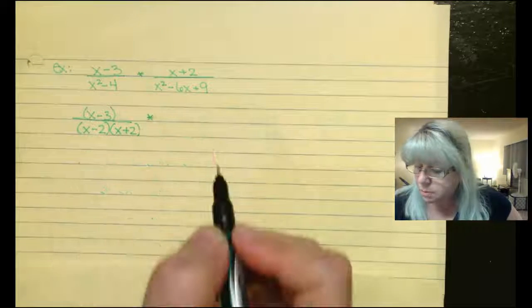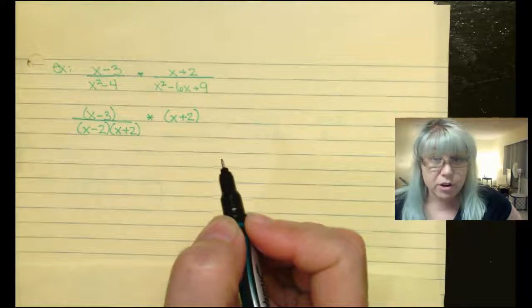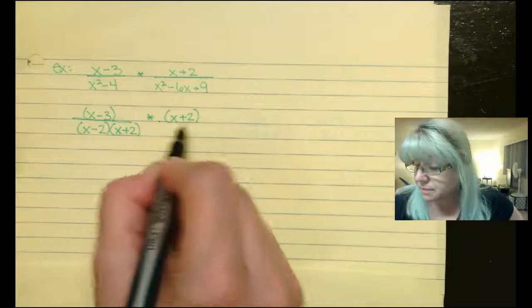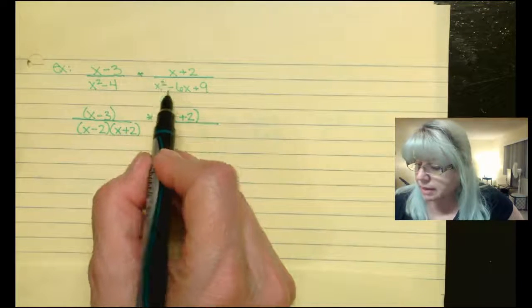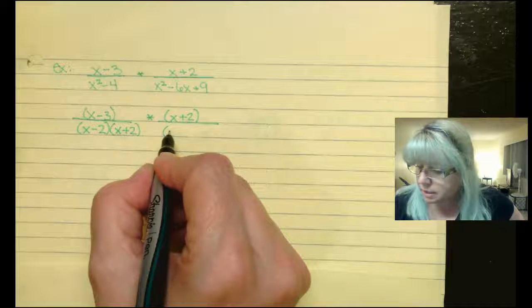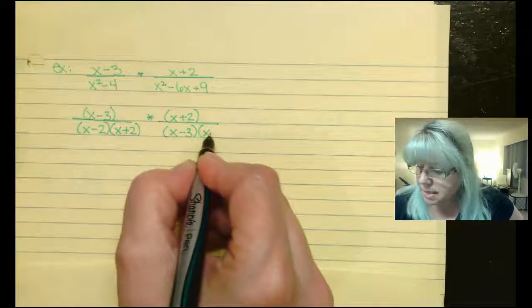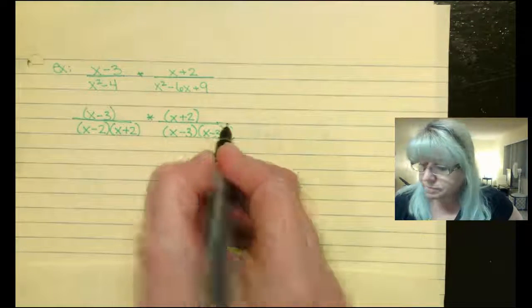That is all multiplied by x plus 2. Again, parentheses there are for emphasis. X squared minus 6x plus 9 is going to be x minus 3 times x minus 3.